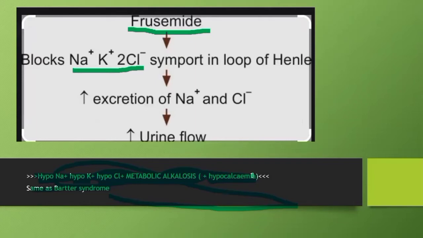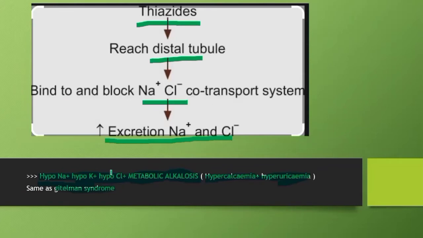They are going to give you a picture and they're going to say a patient has come to you with polyuria, polydipsia, or say a patient has come to you with short stature and faltering of growth, and the patient's blood shows hyponatremia, hypokalemia, hypochloremia, metabolic alkalosis, along with hypomagnesemia, hypercalcemia, hyperuricemia.